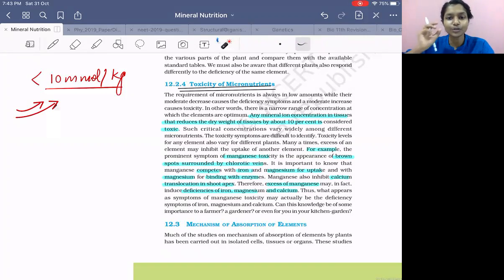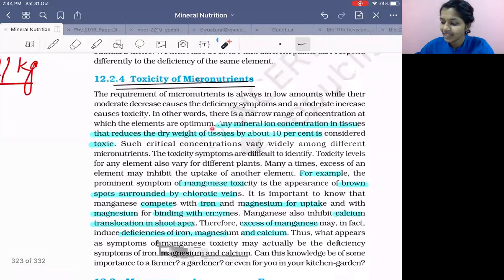If that happens due to any micronutrient, then for sure you will say the micronutrient has become toxic for the plant, because instead of increasing, the growth is getting retarded. So that is the toxicity of micronutrient. Whenever any mineral ion concentration reduces the dry weight of the tissue by 10%, you can say the mineral has become toxic.